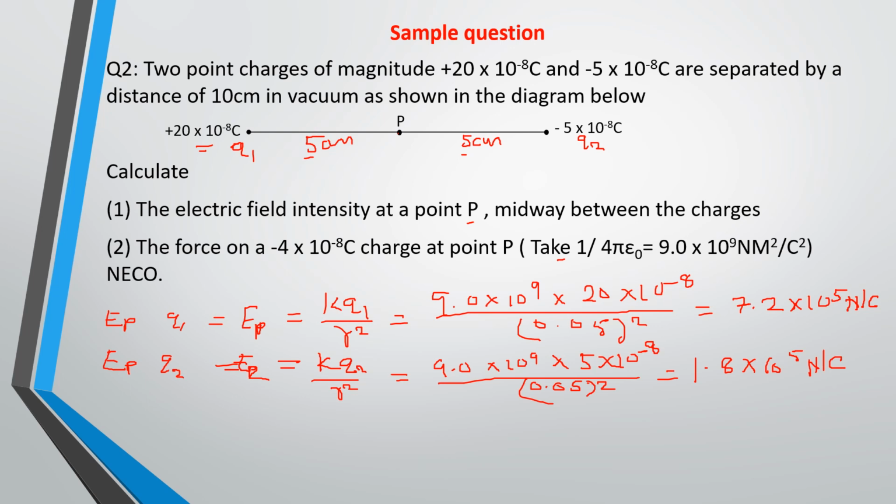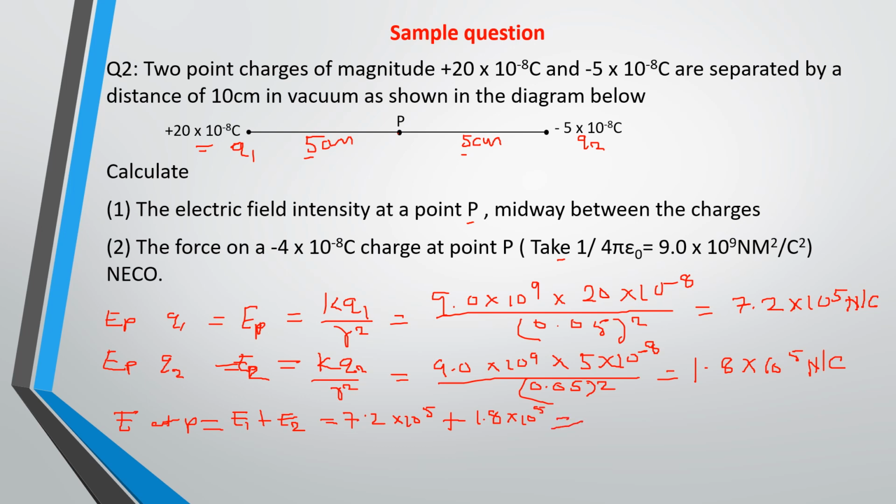So the resultant electric field at P, resultant E at P is what you are looking for, is equals to E1 plus E2. Okay, so when you add these two together, it will give you 7.2 times 10 raised to the power 5 plus 1.8 times 10 raised to the power 5.